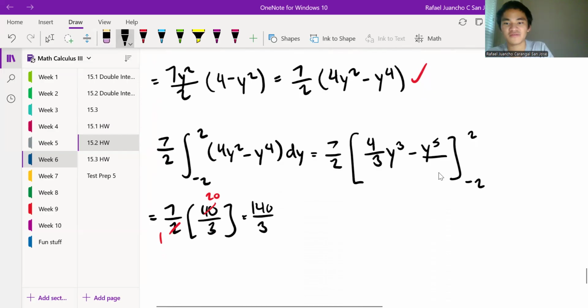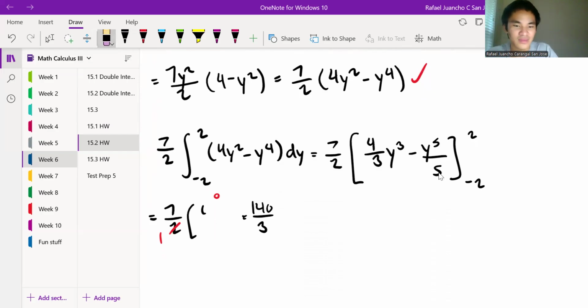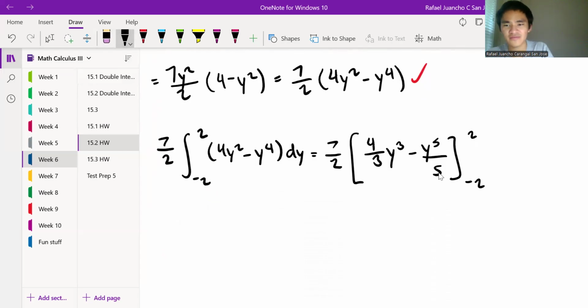This is to the fifth. Cool, cool, cool. So, and then what happens? We have 2 cubed. Let me actually just write it. 8 over 3, this is minus 2 to the fifth. So that's 32 over 5, right? Yeah, that's where I messed up. God.